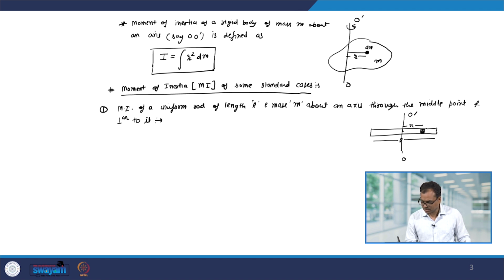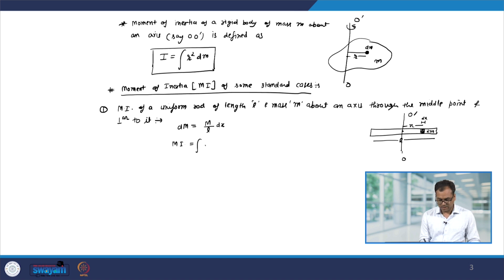So, the mass is dm and this length is dx. Okay. So, dm, the mass will be the mass per unit length multiplied by dx. So, mass per unit length is m by L into dx. This is my dm.